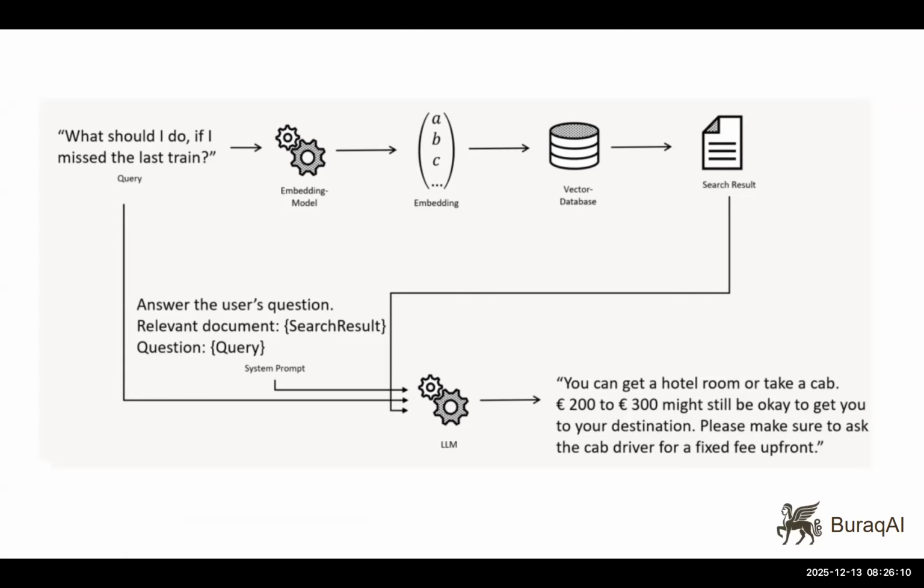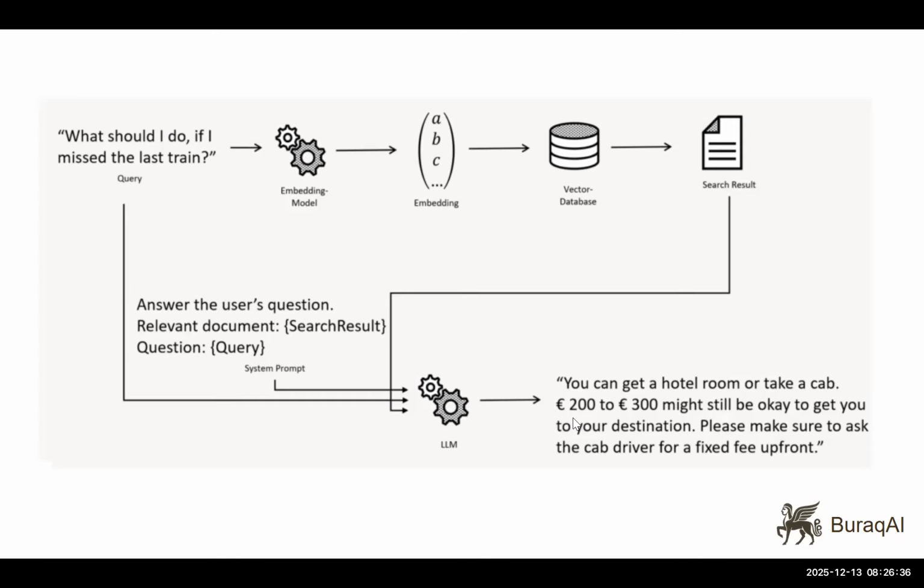Again, here it's the same. So questions like, what should I do if I miss the last train? It has information from various documents about which train, where it is, where you are, all based on that location. It might suggest you can get a hotel room for 200 to 300.